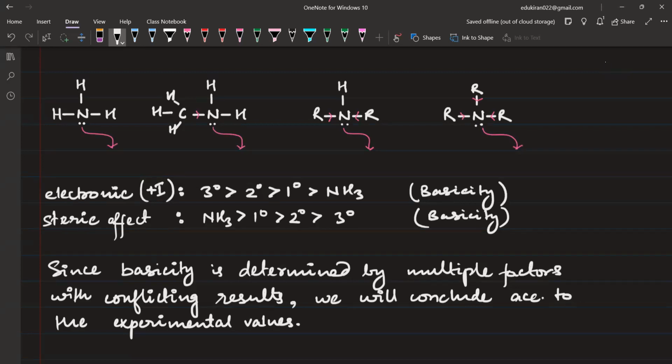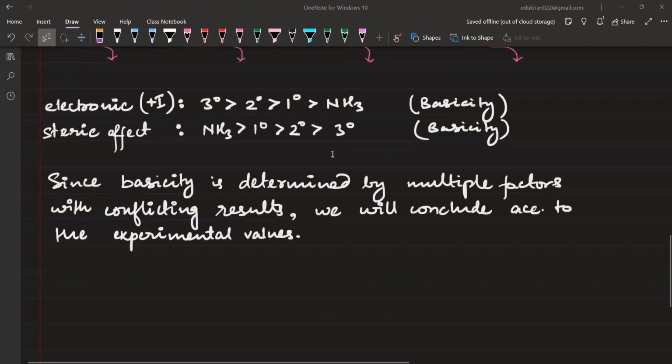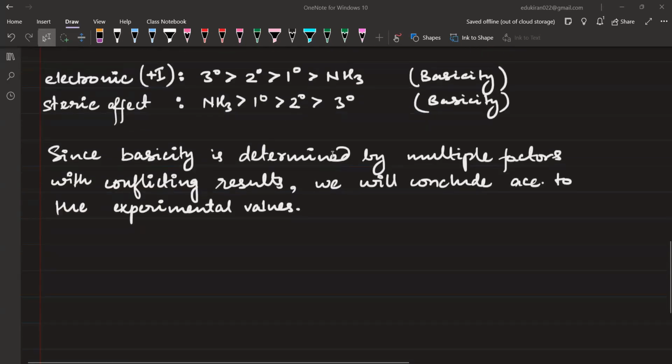Okay? So there are two cases that you have to memorize. One is when you have ethyl substituent.